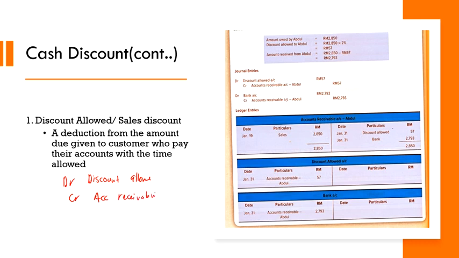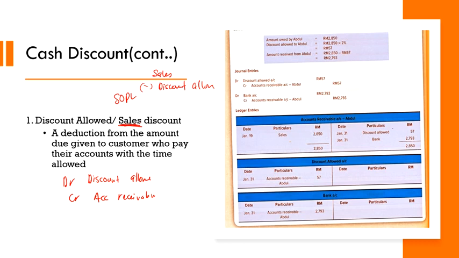Ni journal entry dia. Okay. Discount allowed, kenapa or nama dia discount allowed or sales discount? Sebab nanti dalam statement of profit and loss, di bahagian sales, kita akan tolak discount allowed. Okay. Sebab tu dia juga namakan sales discount. Format dia ada, you can refer to page 88. Okay. Format statement of profit and loss.